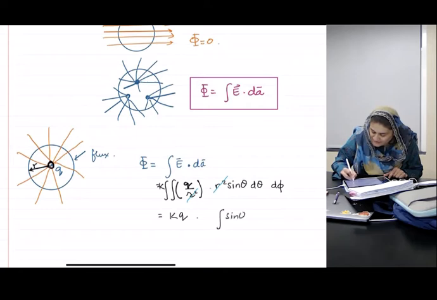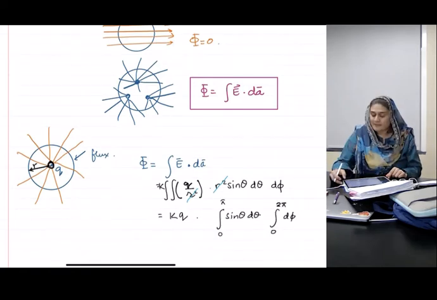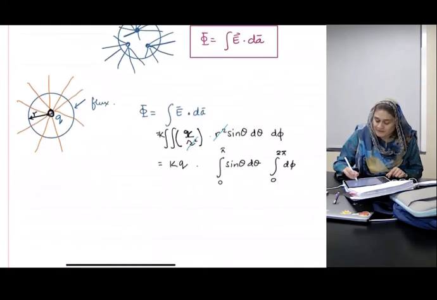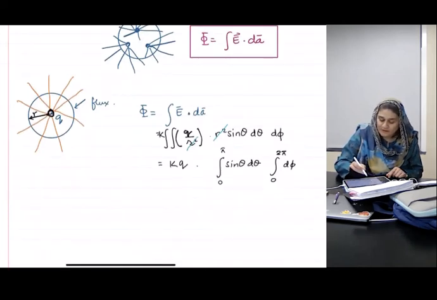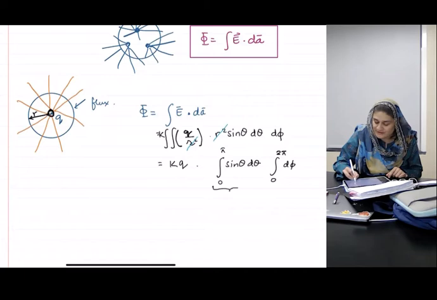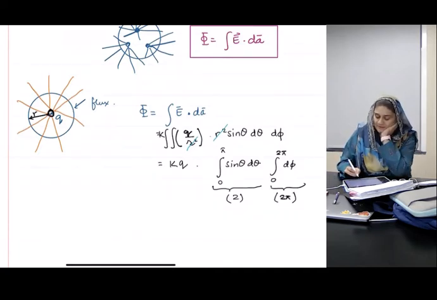Integration over sine theta d theta, integration over d phi from 0 to 2 pi, and from 0 to pi. This integration leads us to 2, and this leads us to 2 pi. And what do I have?